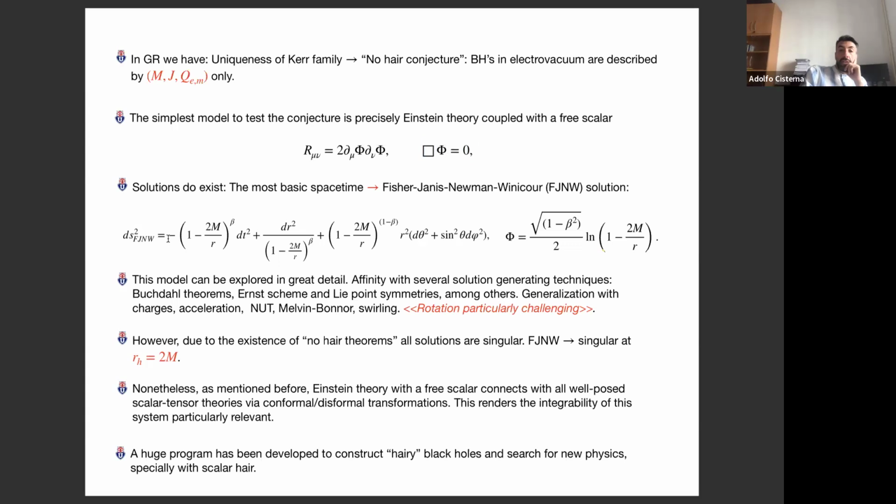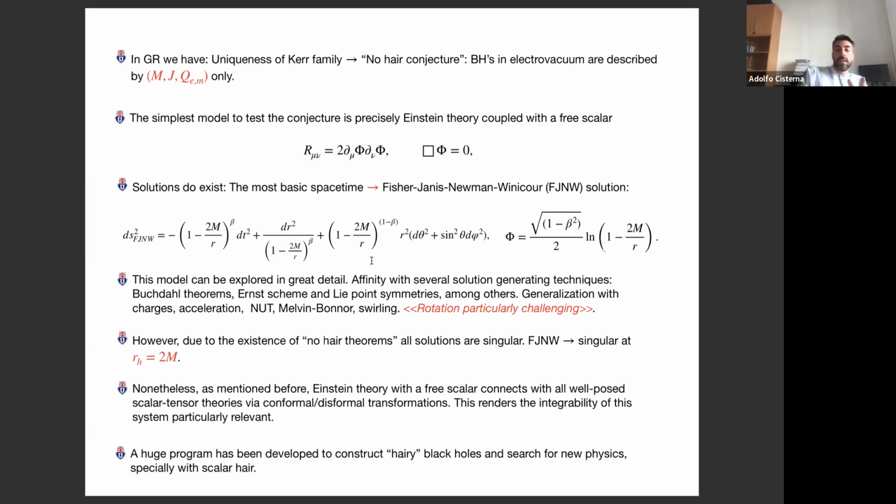So basically, this looks pretty much like the Schwarzschild solution, but you see there is this parameter beta, a sort of scalar charge, and you have this function multiplying the two-sphere, where the scalar field has this logarithmic profile that actually provides, at the end of the day, a curvature singularity that happens precisely on top of what should be the horizon.